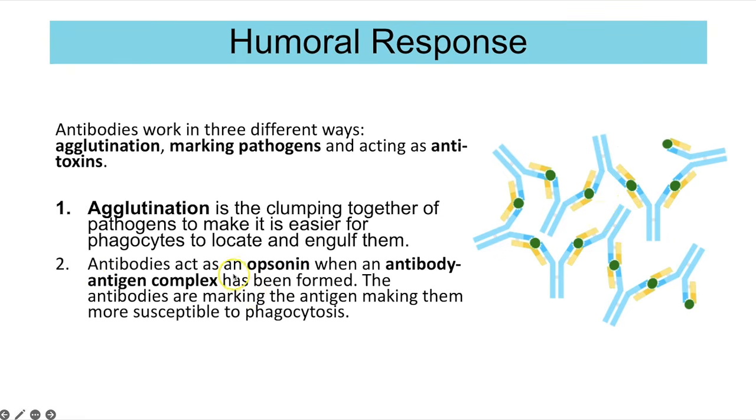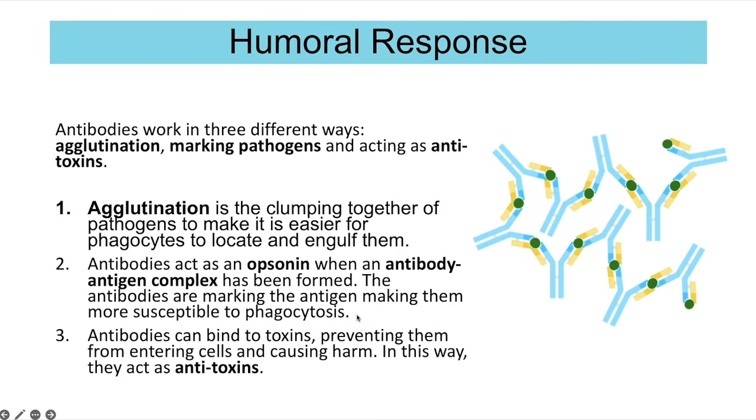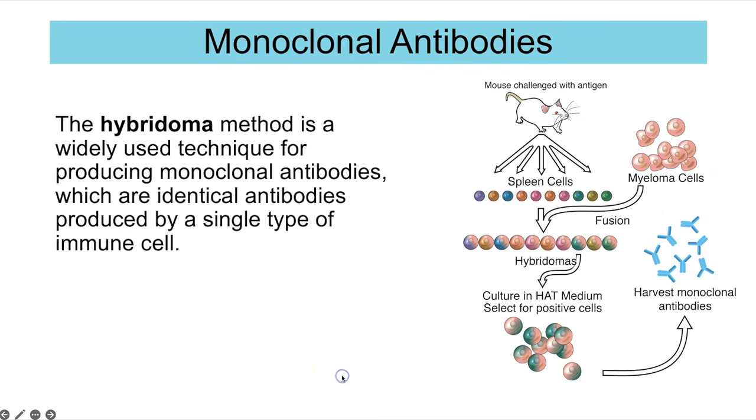Antibodies also act as an opsonin when an antibody-antigen complex has been formed. The antibodies are marking the antigen, making them more susceptible and easier to locate for phagocytosis. And then also antibodies can bind to toxins, preventing them from entering the cells and causing harm. And in this way, they're acting as antitoxins.